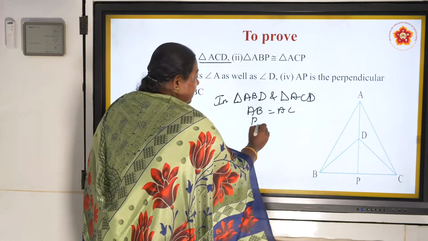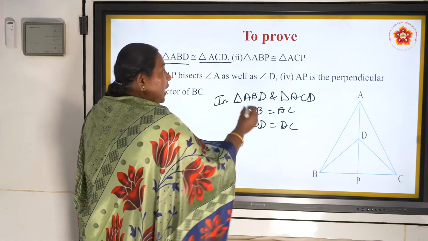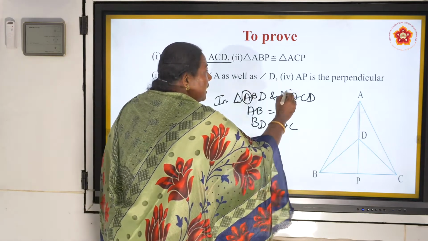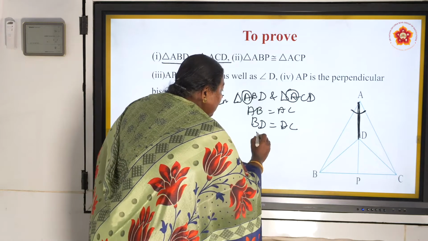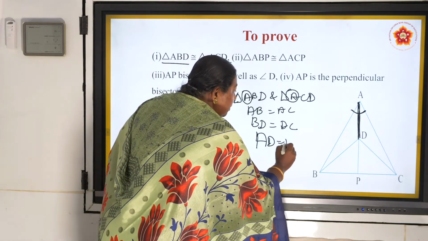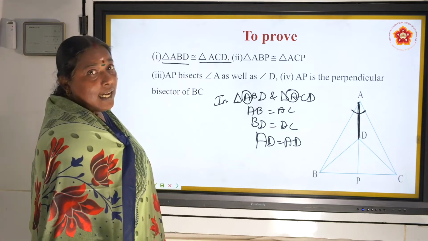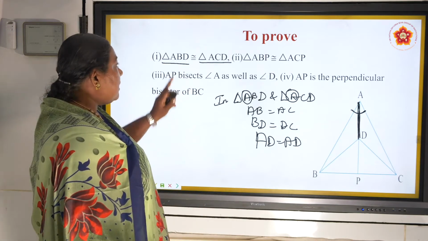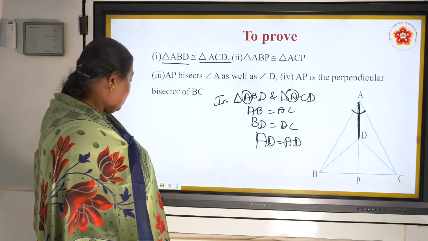Then BD is equal to DC. And a common person is there. Who is that? AD, which is standing common. So AD is equal to AD. So by SSS congruency, I can tell that ABD is congruent to ACD. I think you understood this.